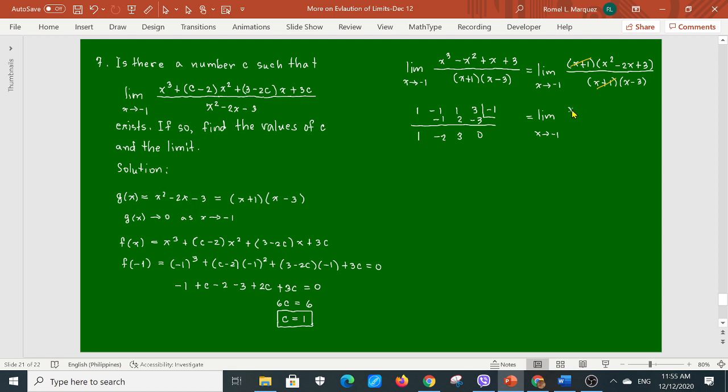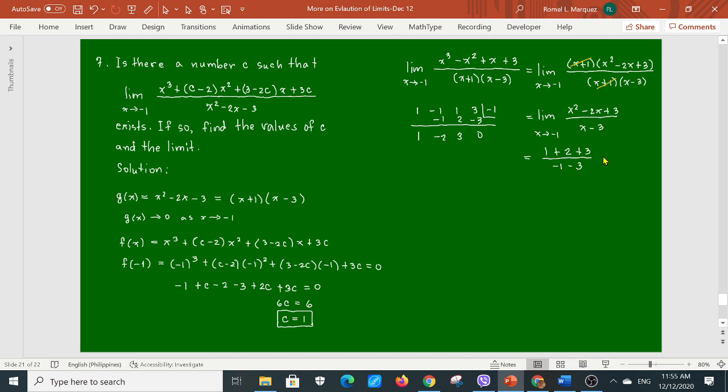We have x squared minus 2x plus 3 all over x minus 3. What's the limit? The numerator: negative 1 squared is 1, plus 2, plus 3, all over negative 1 minus 3.